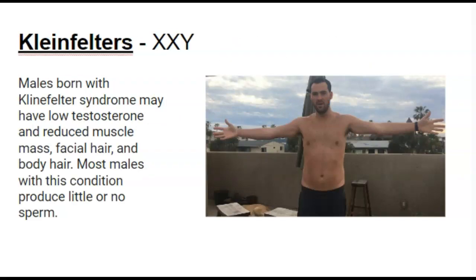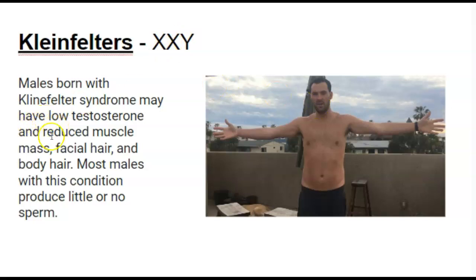So in Klinefelter's syndrome, normally people with male reproductive parts have an X and a Y chromosome, okay? In Klinefelter's, they have 2 X's and a Y. The Y chromosome is what produces testosterone. So typically they present as having male anatomy from the outside. But they have some other complications.